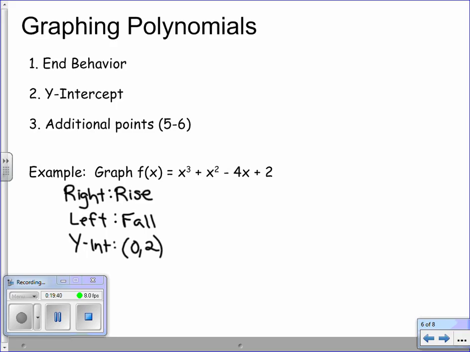And then we're going to create a table of values with maybe 5 extra points. And I'll tell you, for your homework assignment, if you choose the following 5 x's, you'll generally get enough of a good picture to graph the polynomial. So I just choose -2, -1, 0, 1, and 2.